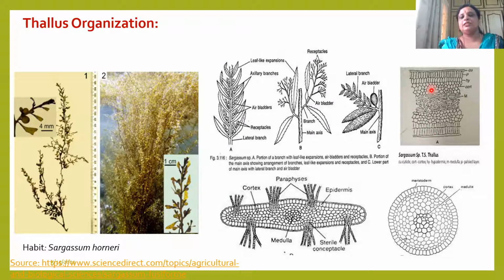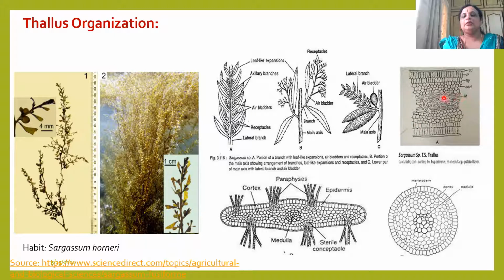Just beneath the palisade layer, you can find the cortical region, where the cells are comparatively thicker, and the main function of these cortical cells is mechanical support.